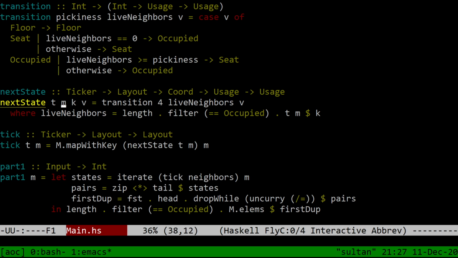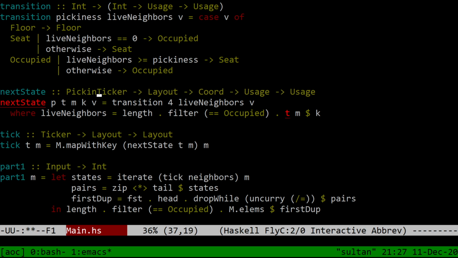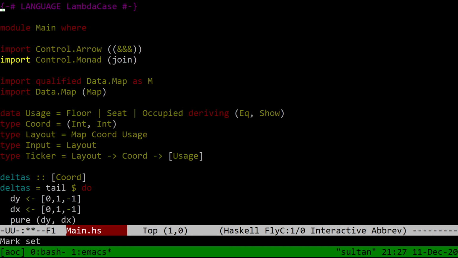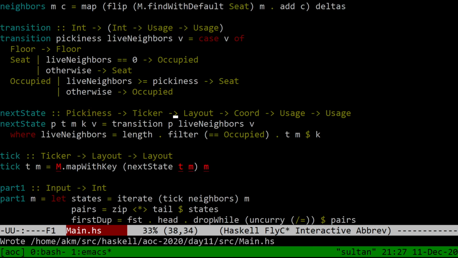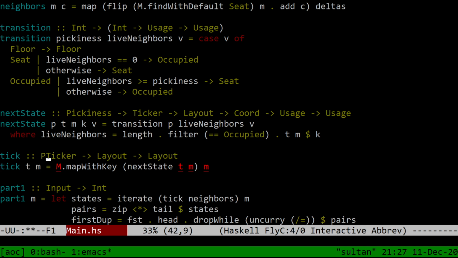Next state just needs another parameter. We'll call it pickiness. And tick also needs such a parameter.